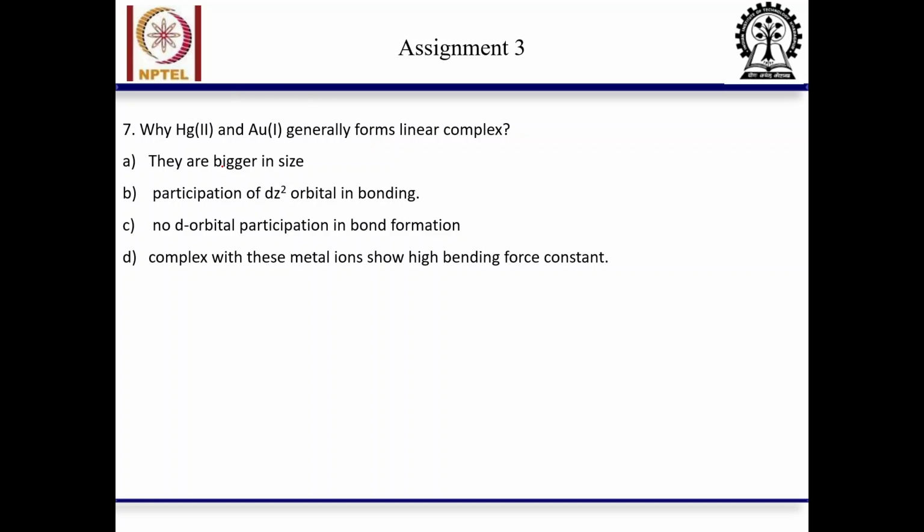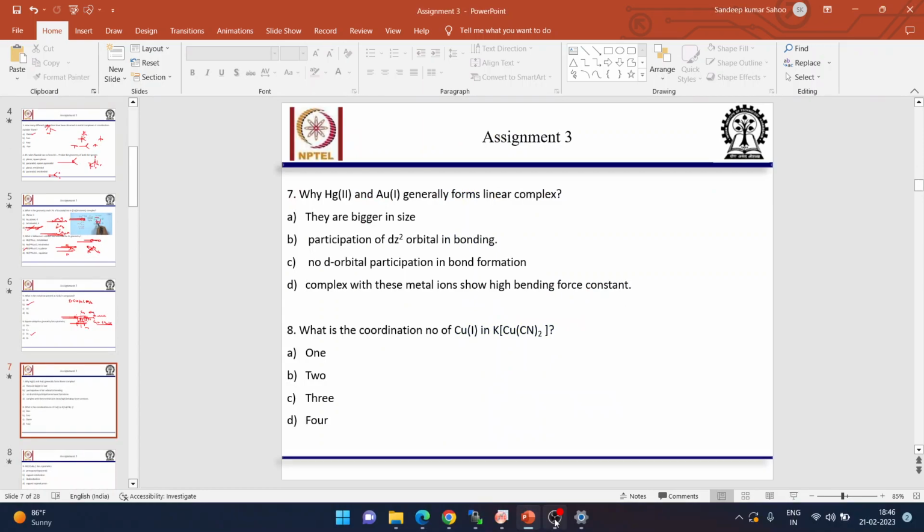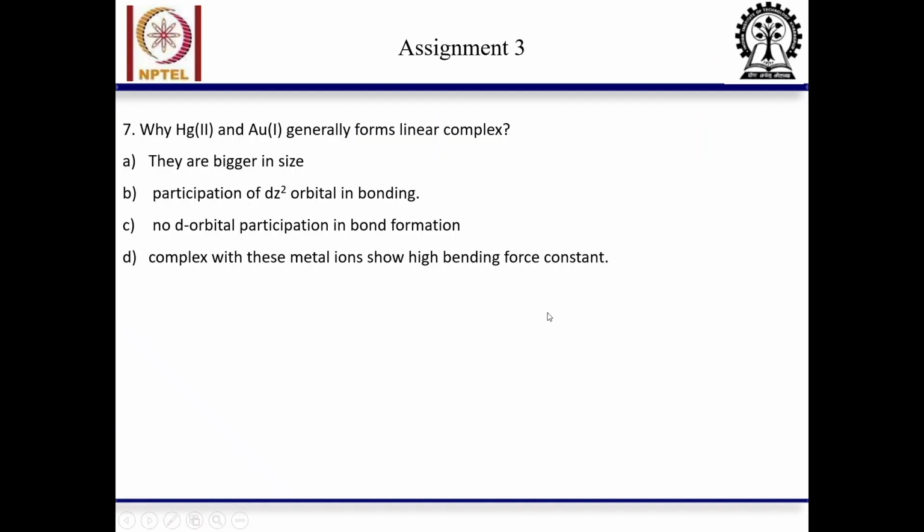So why do Hg2+ and Au+ generally form linear complexes? Can anyone tell me the answer for this? I'll just check once whether it is recording or not. Fine. Can anyone tell what is the answer?